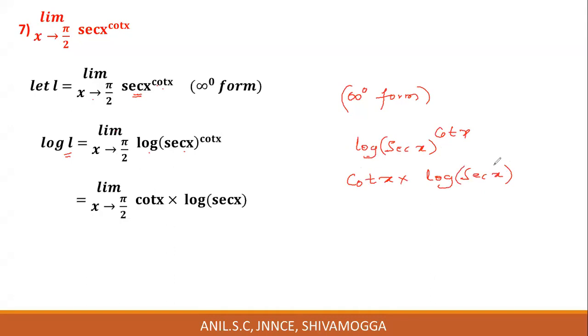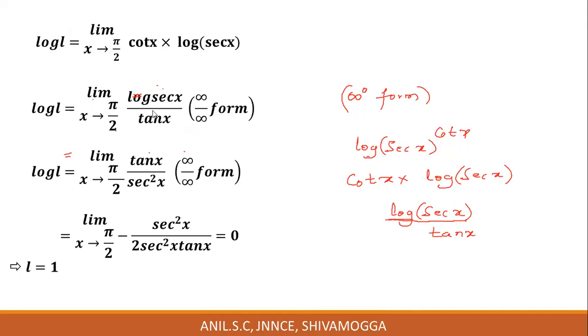Or this can be written as log secant x as it is. And cot is the reciprocal of tan. Therefore, this cot x can be written as 1 divided by tan x. That's what I have written here. Log secant x divided by tan x.